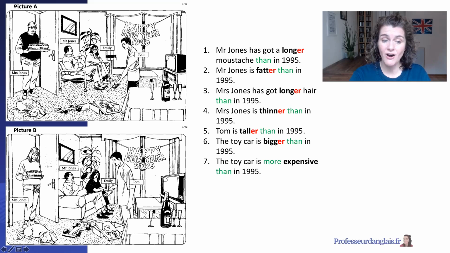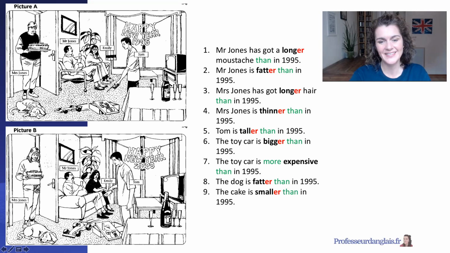The toy car is more expensive than in 1995. The dog is fatter than in 1995. Finally, the cake is smaller than in 1995.